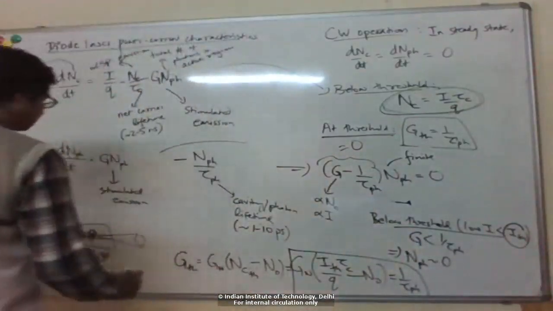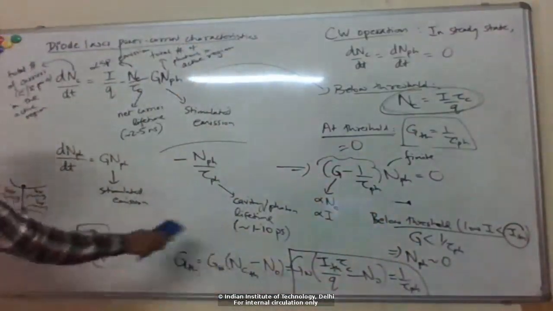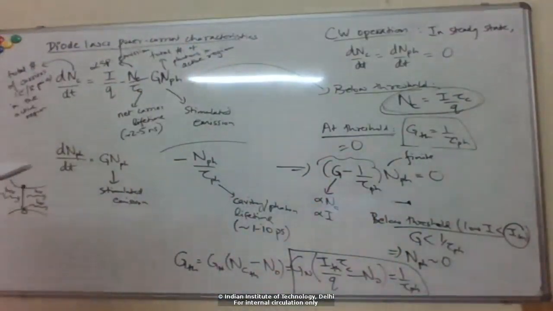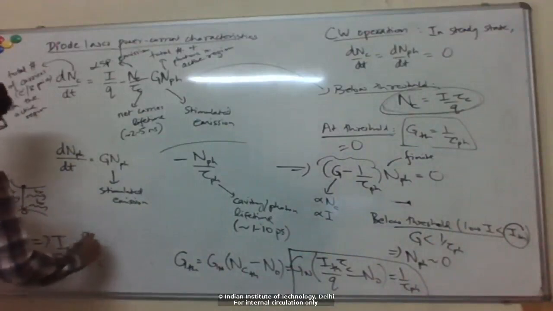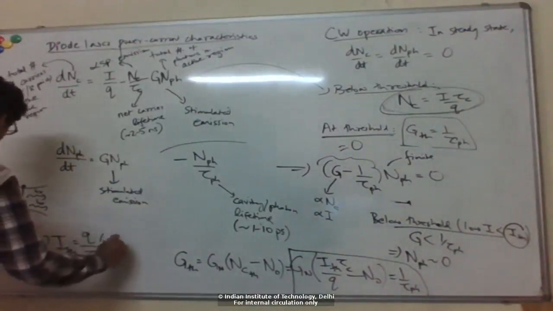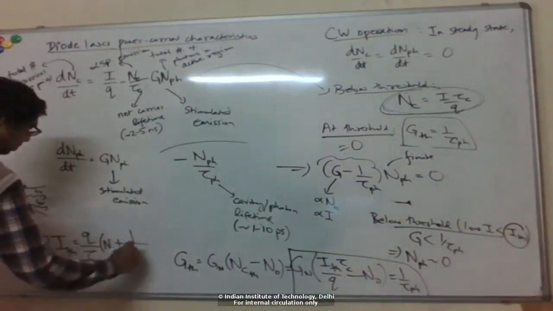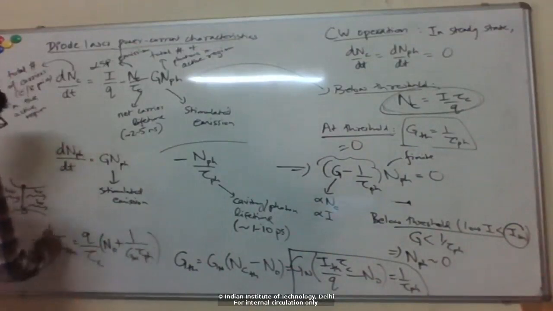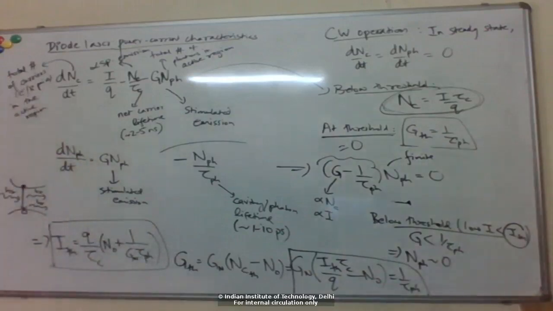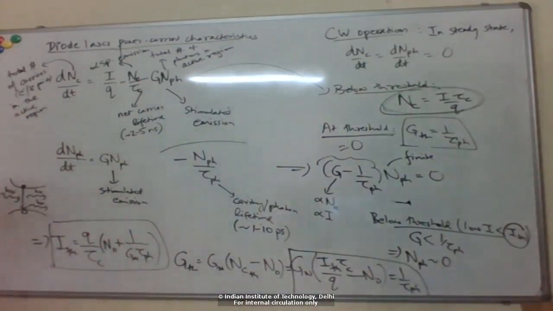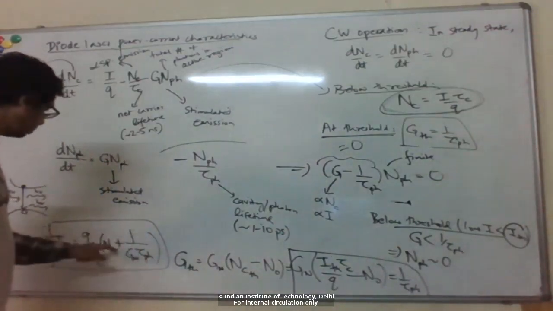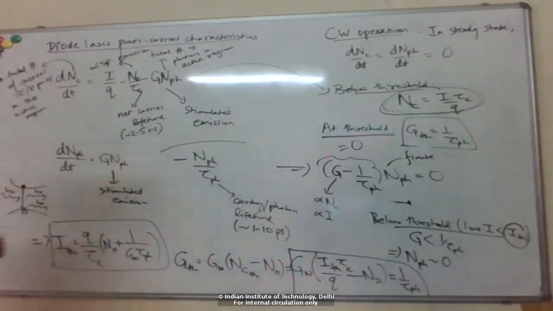So from there, you can see that the threshold current is inversely proportional to the carrier lifetime, and also inversely proportional to photon lifetime.